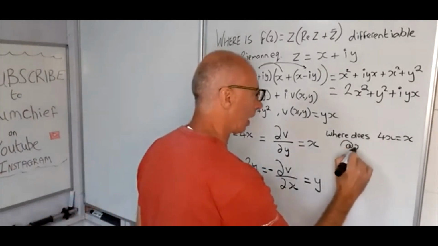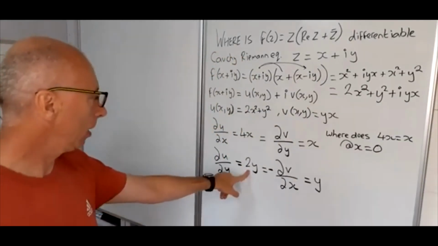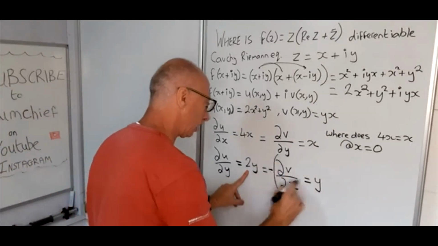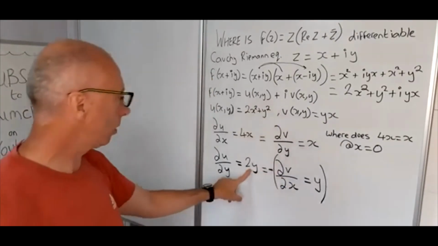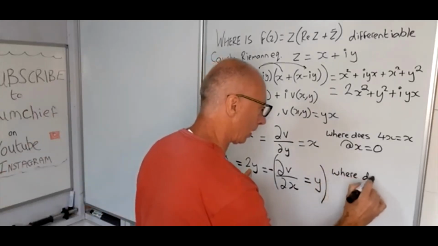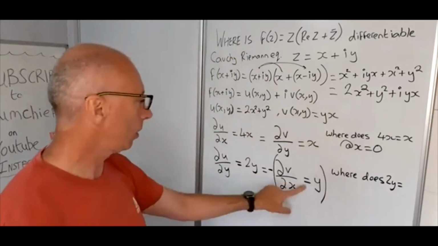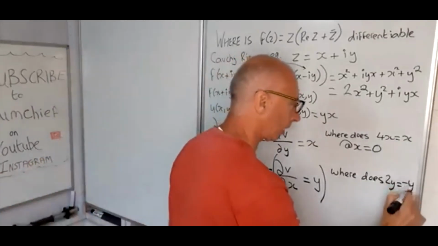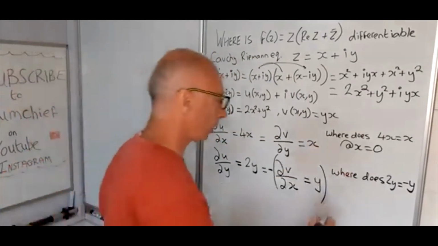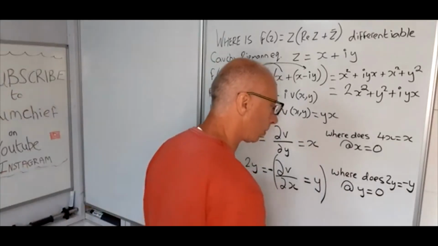So that's at x equals 0. And now here, where does 2y equal the negative value of this? So where does 2y equal minus y? Okay, so again, the only place where that occurs is at y equals 0.